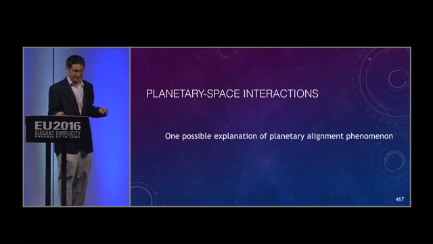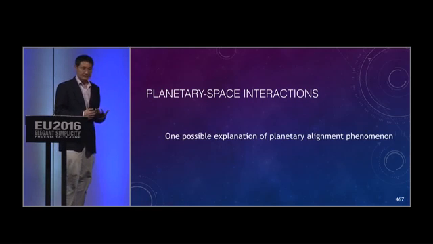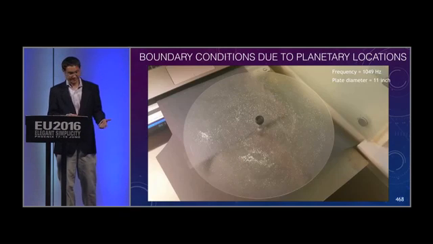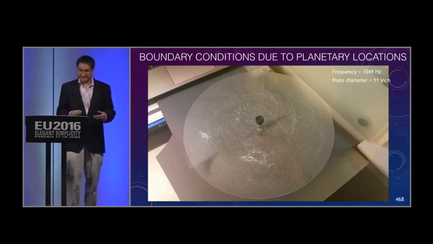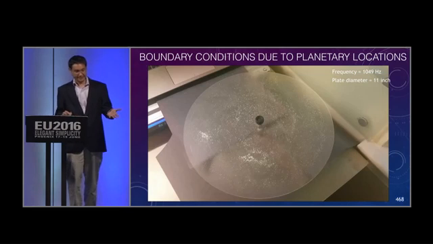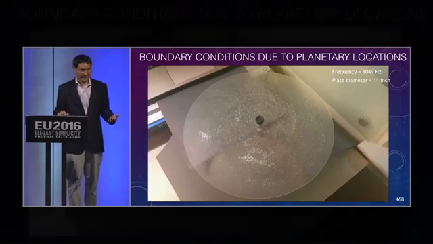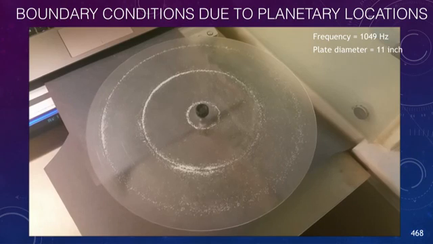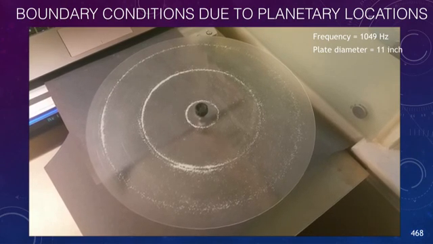So now we move on to planetary and space interaction. And of course, this is one possible explanation of planetary alignment phenomena. So we used the Chladni plate, which consists of an acrylic disc, and of course we put grains of salt on top. You can see that when we apply energy, it starts to organize itself into a ring.